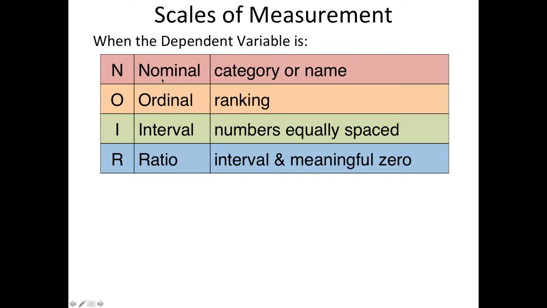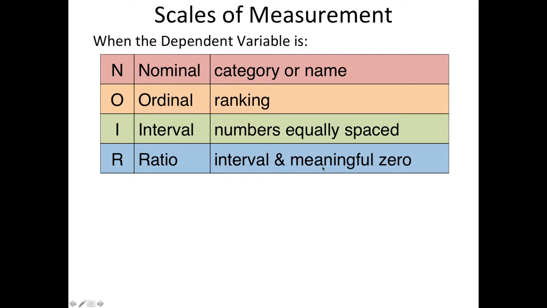A variable can be nominal, so simply categories or names of things, like names of universities, for example, or ordinal, so ranking, first, second, third place, where it's ranked in some sort of order. Interval is where the intervals are also equally spaced. And ratio has all those features of interval, but also a meaningful zero.